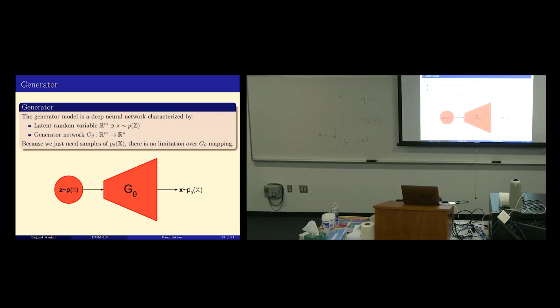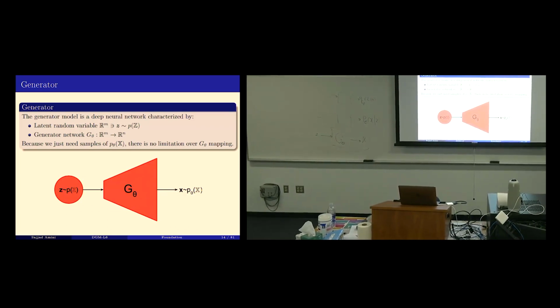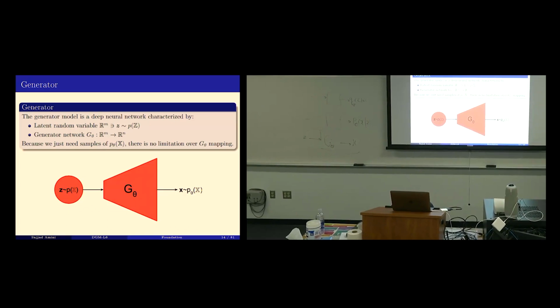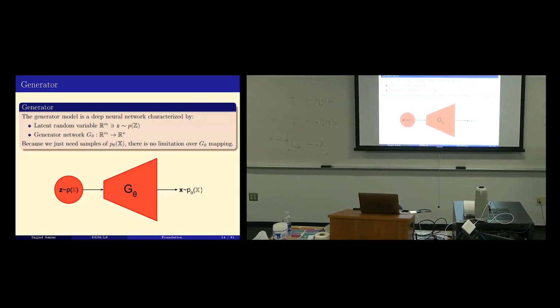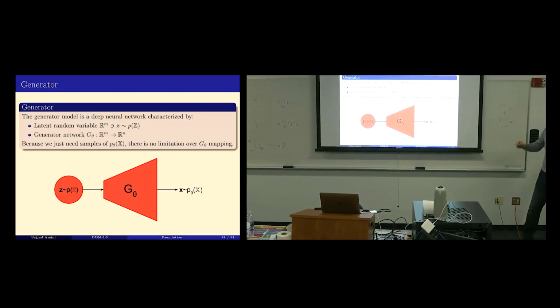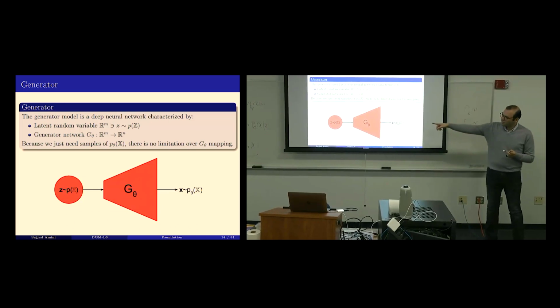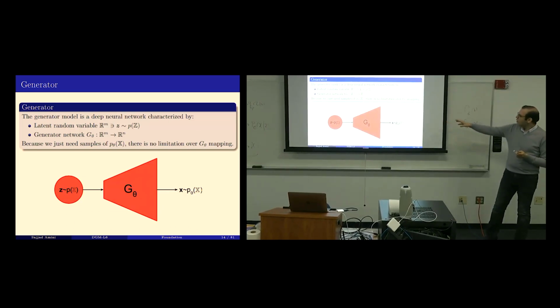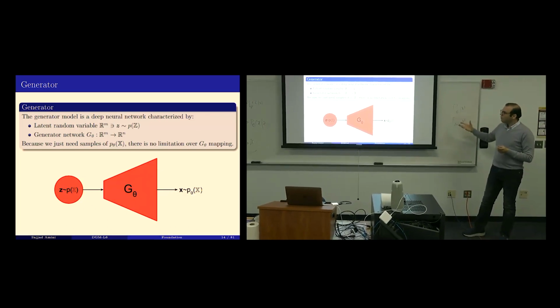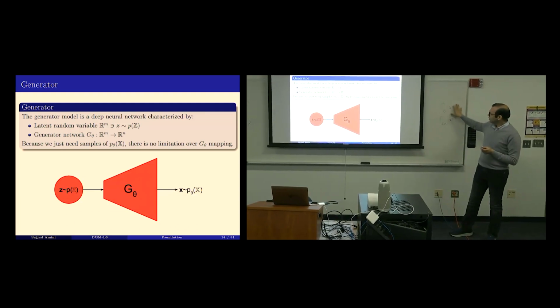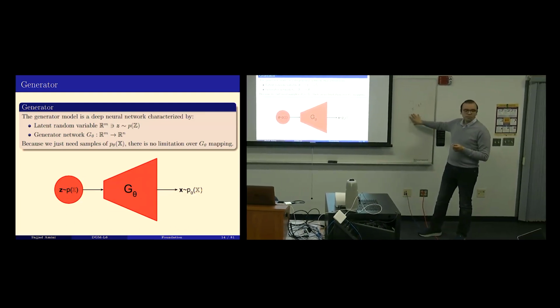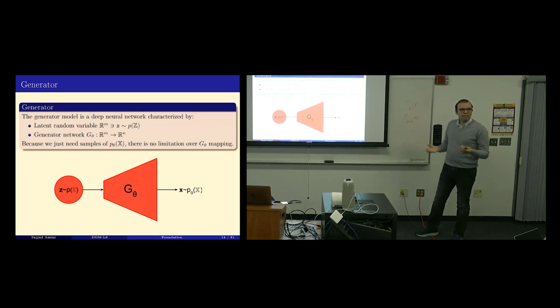If you have a metric that can evaluate the distance between these distributions in a differentiable way, then we can update the parameters theta of G to make them as near as possible to each other. But the problem is that you do not have access to either distribution, just samples. So we need a metric that can calculate the divergence using just samples.